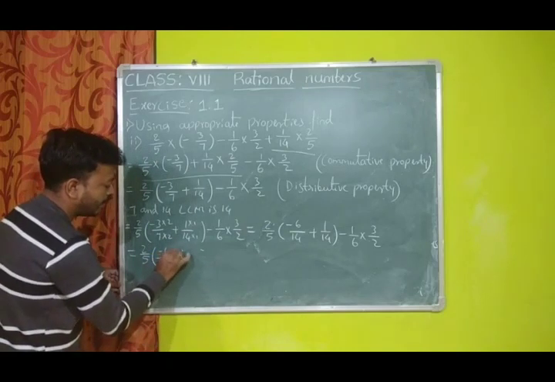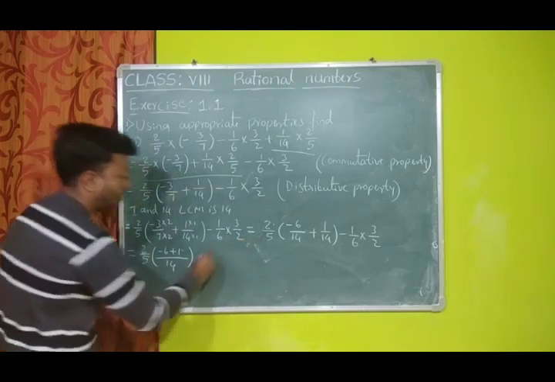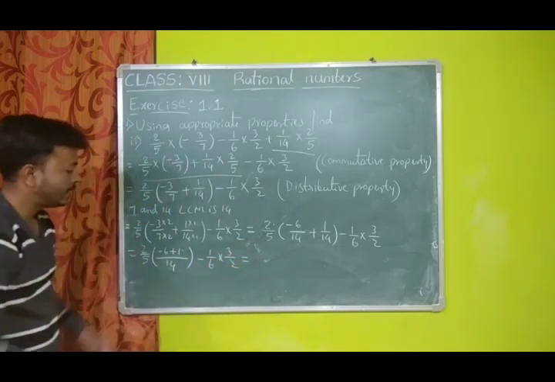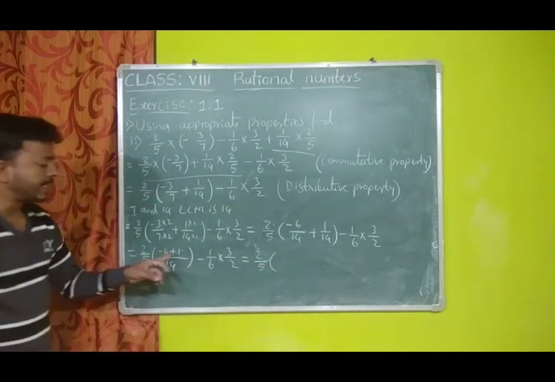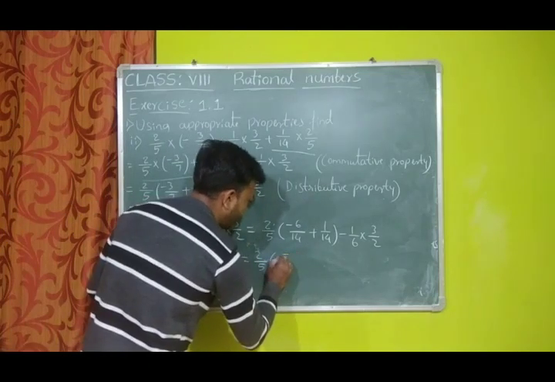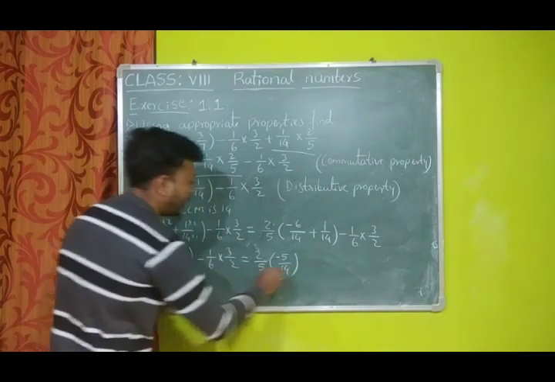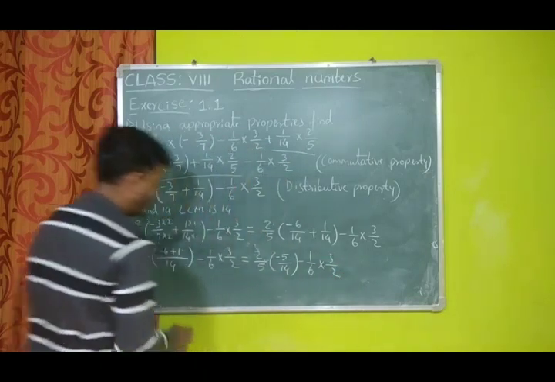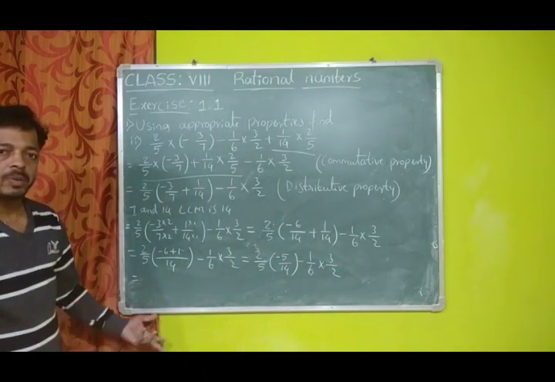2 upon 5 bracket, it's 14, and minus 6 plus 1, minus here 1 by 6 multiplied by 3 by 2. Minus 6 plus 1 is minus 5, bigger number's sign is minus, divided by 14, and minus 1 upon 6 multiplied by 3 upon 2. Here, is it possible to take out any common terms? No, it's not possible.